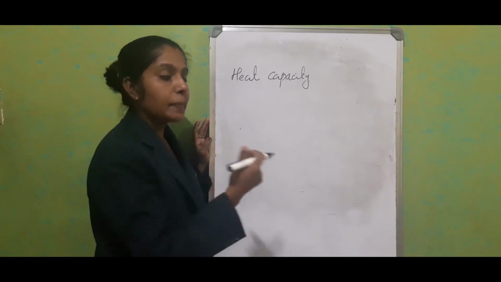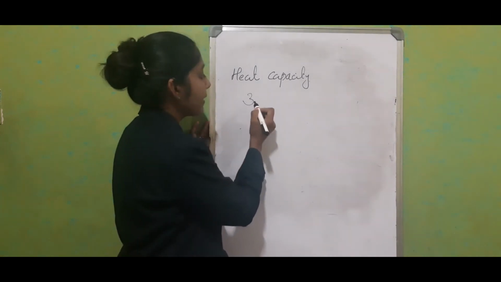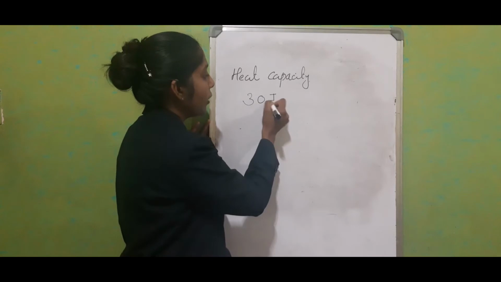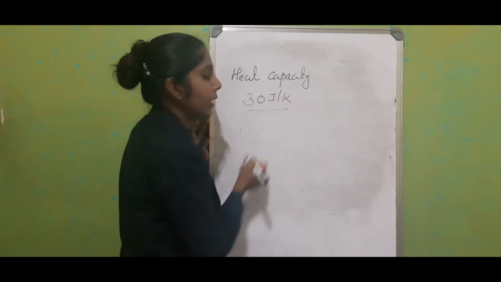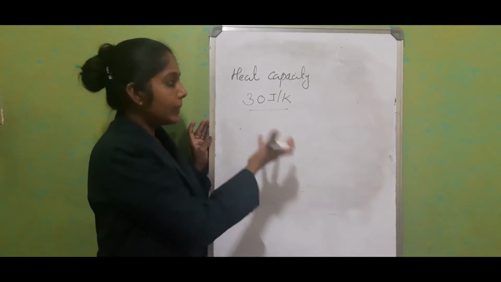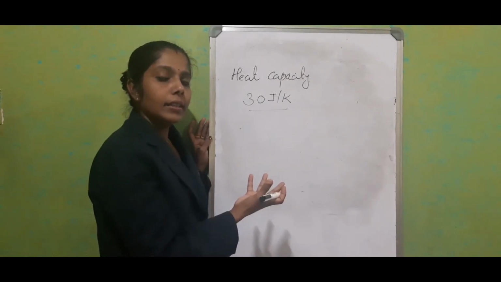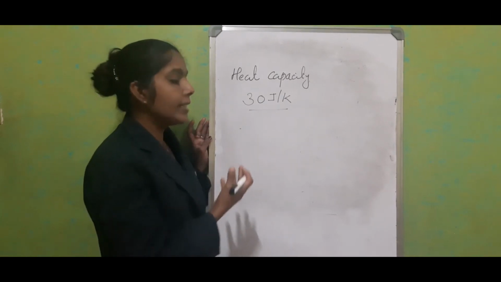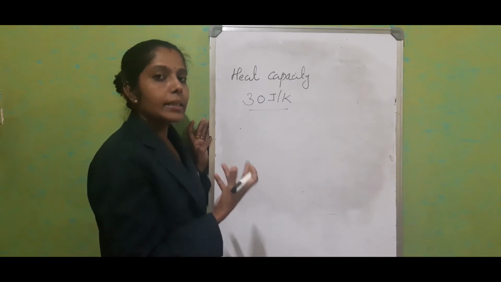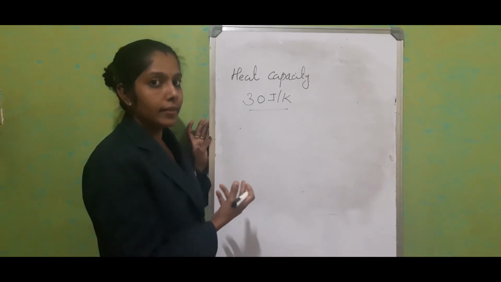Just consider that the heat capacity of a vessel is given as 30 joule per Kelvin. What does it mean? Sometimes you will get a question like this.